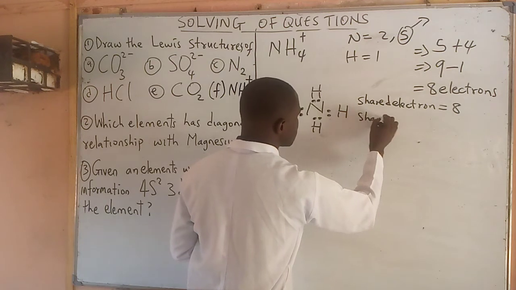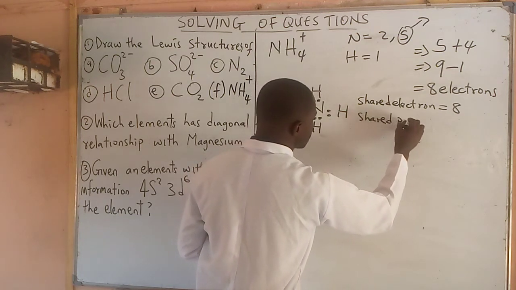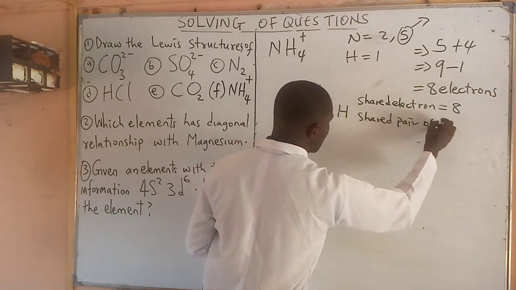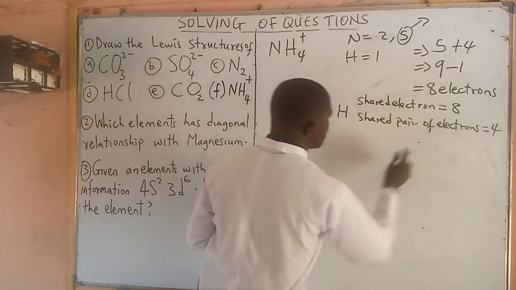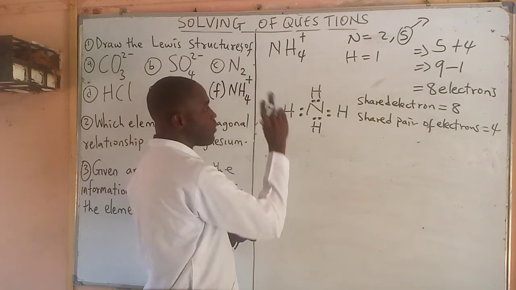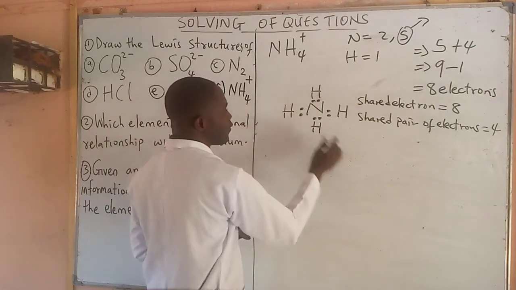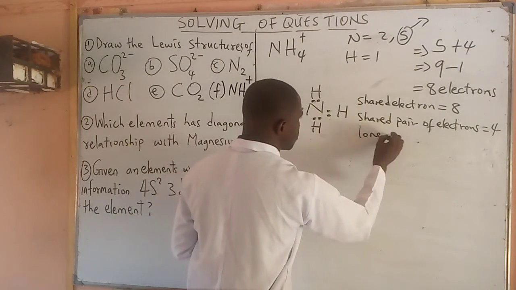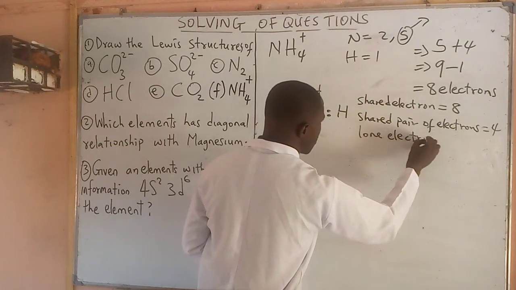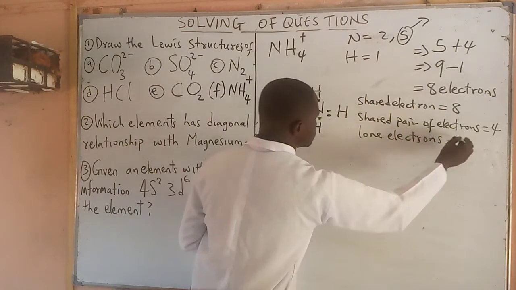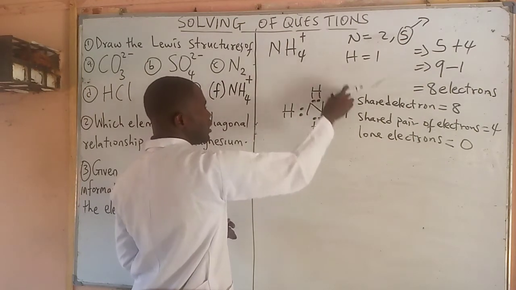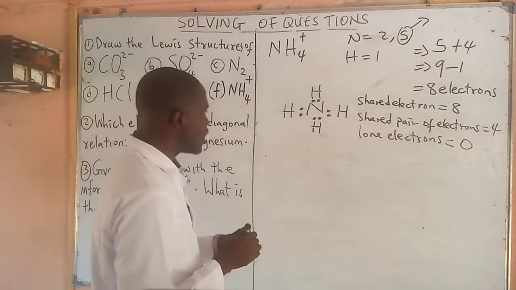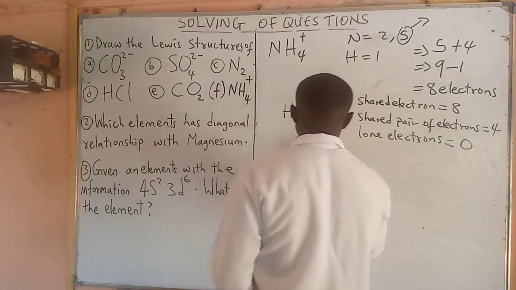Shared pairs of electrons equal 4, because 2 electrons make up 1 pair: 1, 2, 3, 4. Now, lone electrons equal 0, because we don't have any lone electrons. Now go to question number 2.